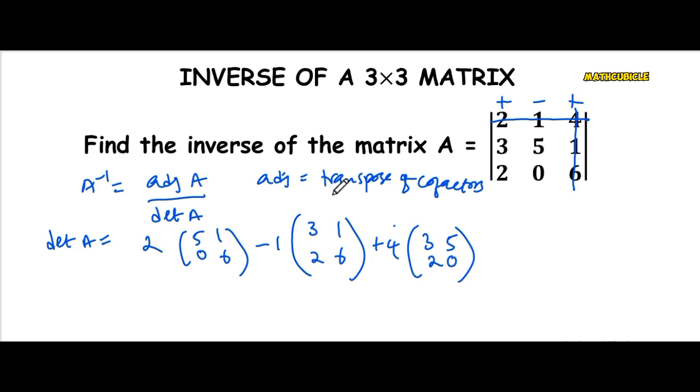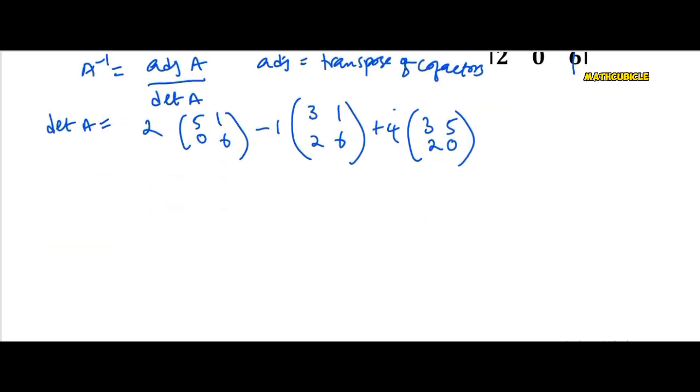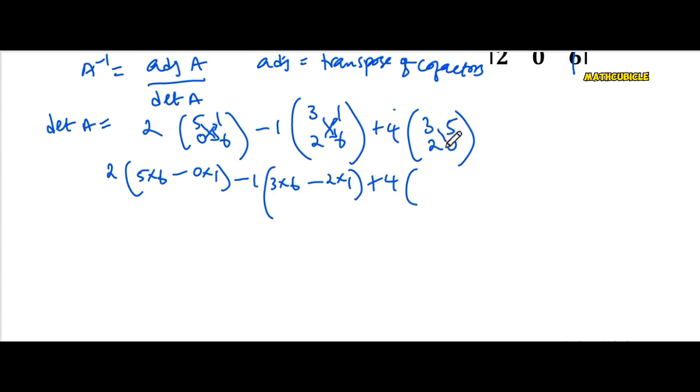So the determinant here becomes 2 open bracket 5 multiplied by 6 minus 0 multiplied by 1, minus 1 open bracket 3 times 6 minus 2 times 1, plus 4 open bracket 3 times 0 minus 2 times 5.